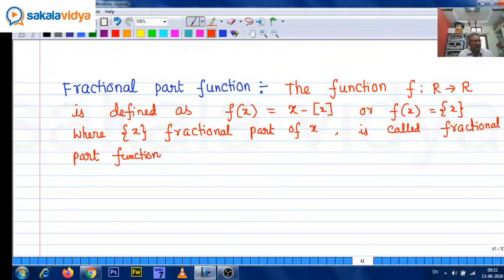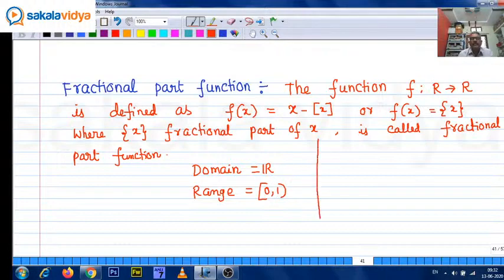The domain of this function is R, the set of real numbers. Range means it lies in between 0 to 1, so closed 0 comma 1 open.